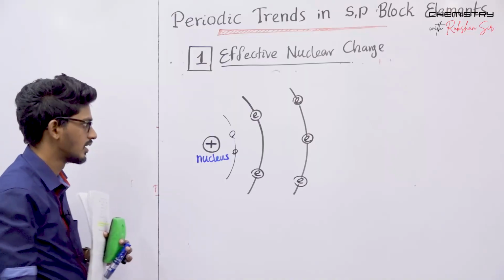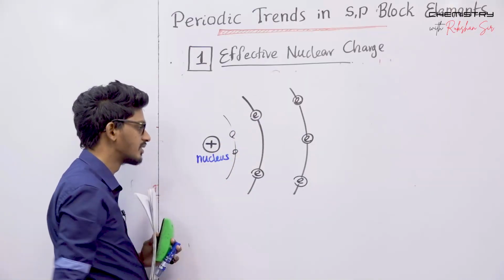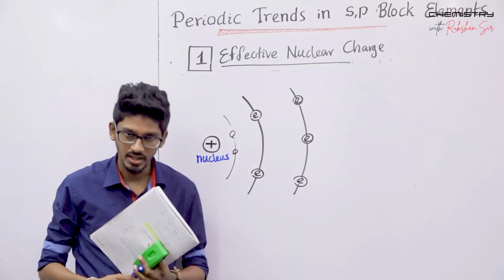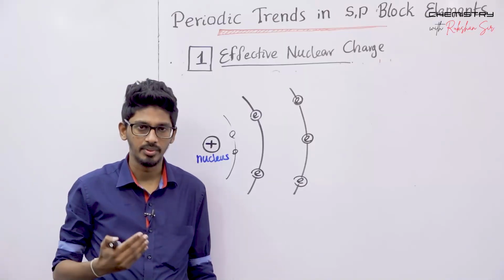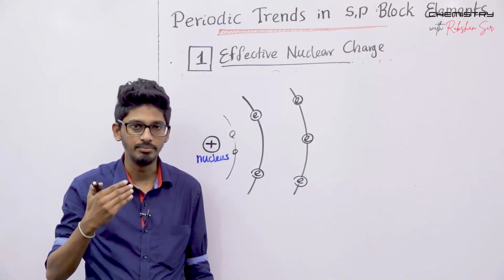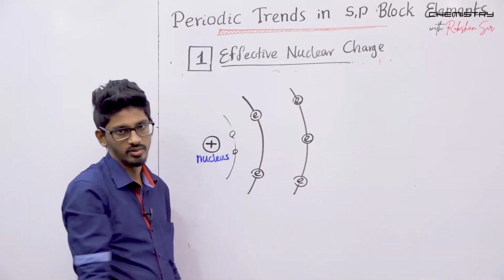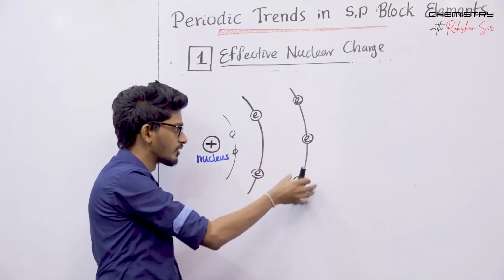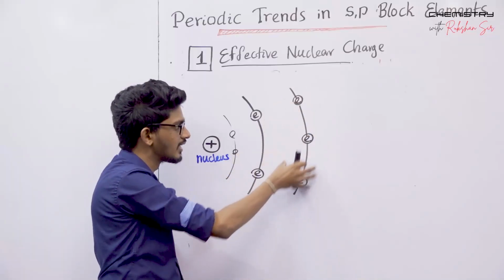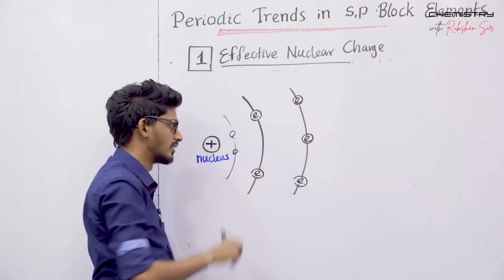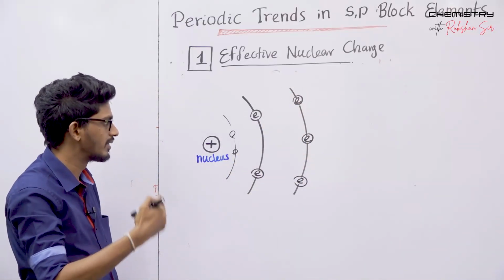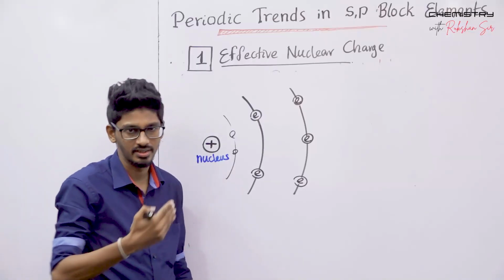For chemical properties, the most important kind of electrons are the valence electrons. The outermost electrons are the ones which participate in bonding. So when it comes to chemical properties, it is about bonding and such.